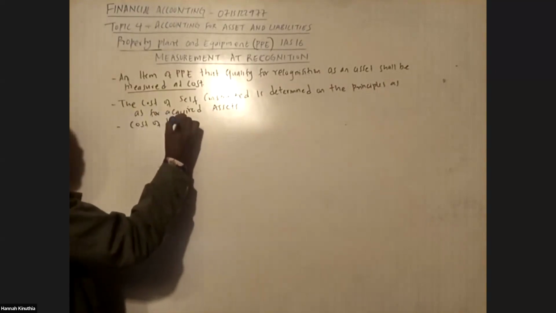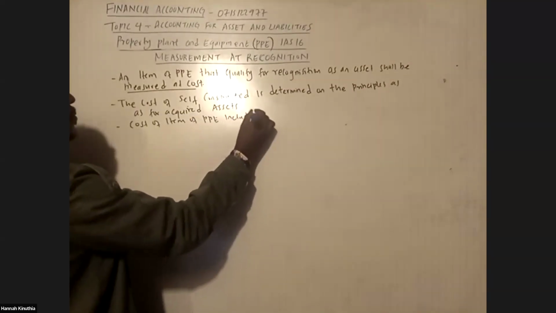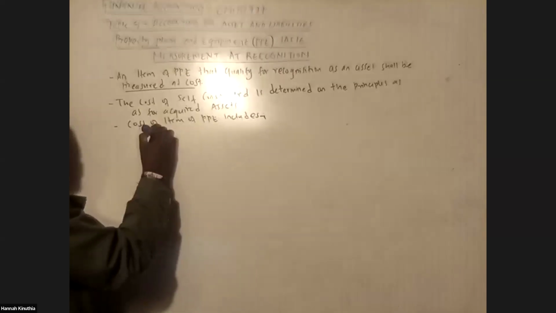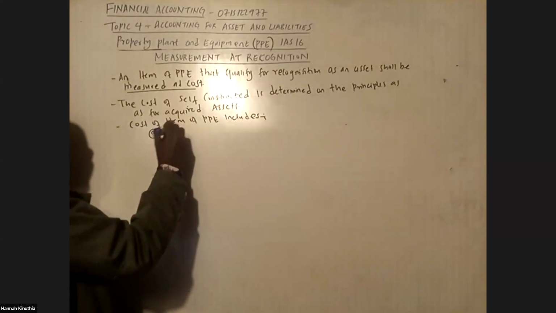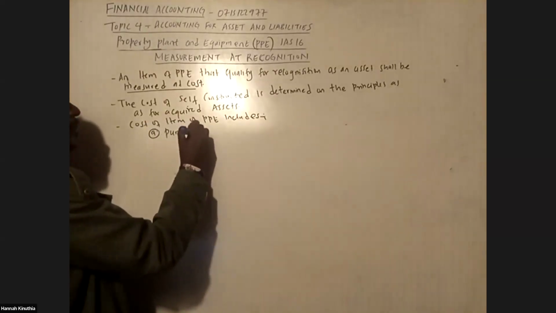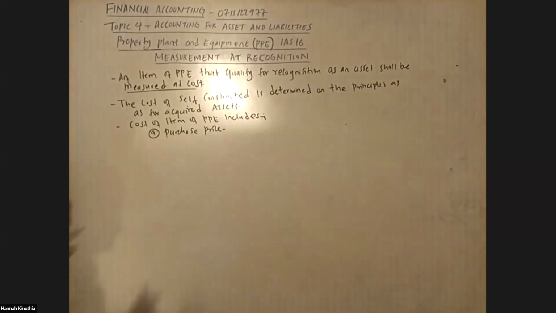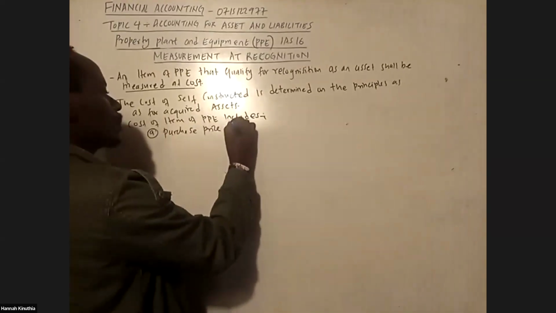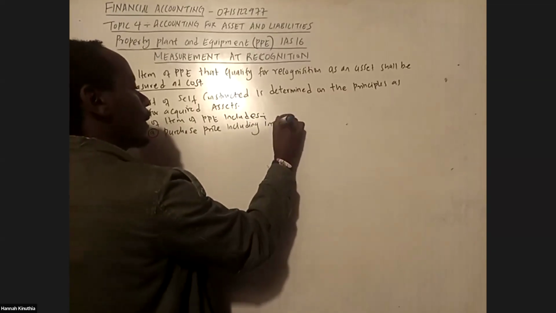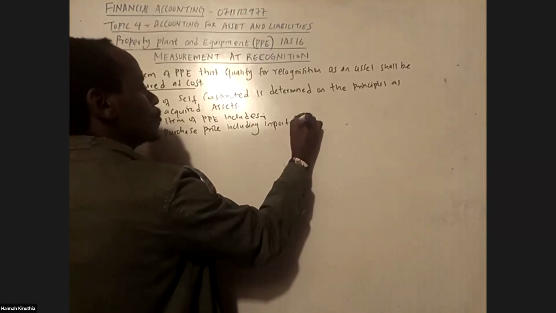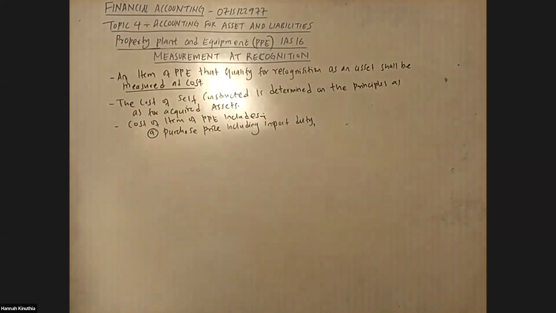Cost of items of PPE includes, number one, the purchase price, which is made up of purchase price including import duty. We call them the incidental cost.